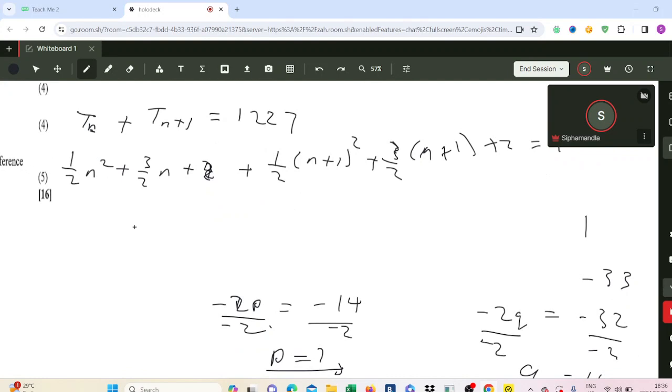If I'm solving for n, it's a little bit complex, but it's very easy. You just have to understand how to add and subtract the like terms.